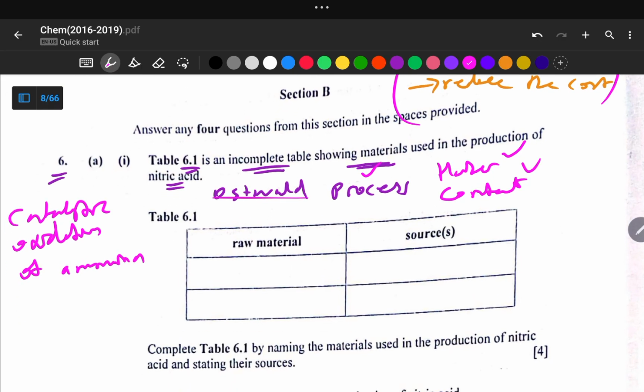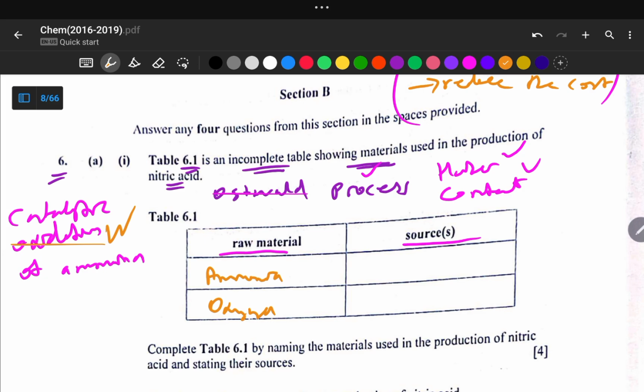The first one requires us to give the raw materials and to give the sources. The raw materials for the Ostwald process are ammonia and oxygen, since we said it is the catalytic oxidation, meaning oxidation of ammonia by oxygen. Oxidation is defined as the gain of oxygen.